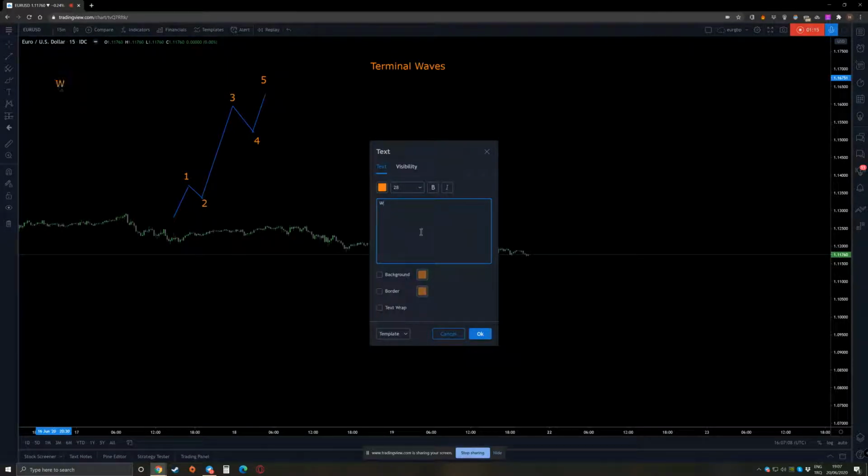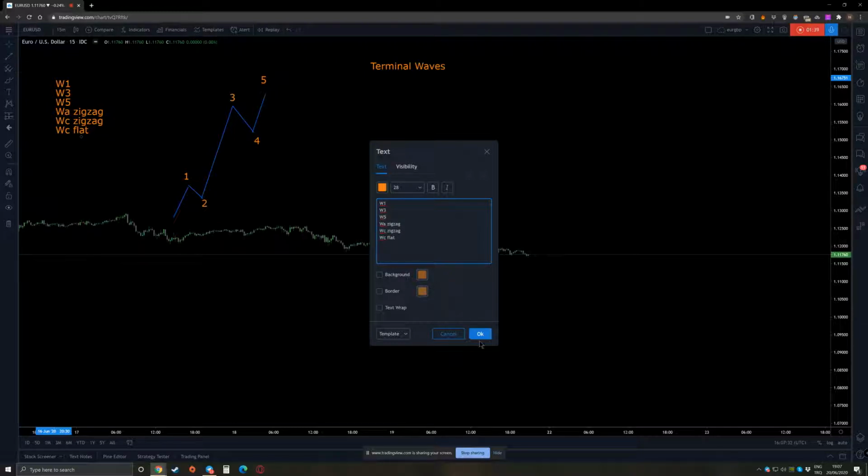It can be wave 1, wave 3, wave A of a zigzag, wave C of a zigzag, wave C of a flat, and of course wave 5.